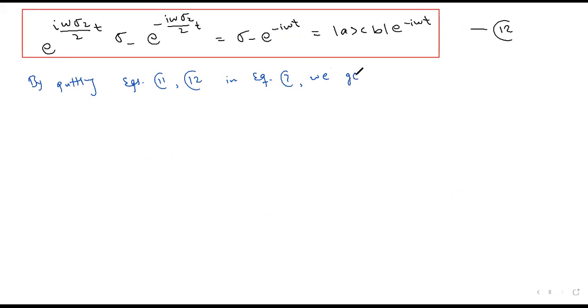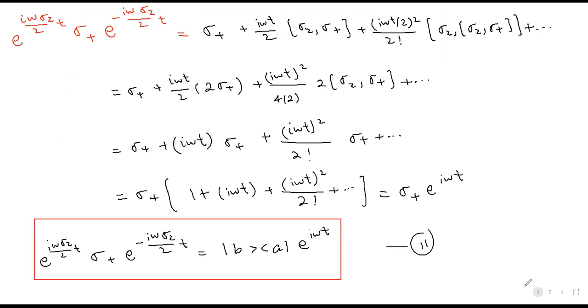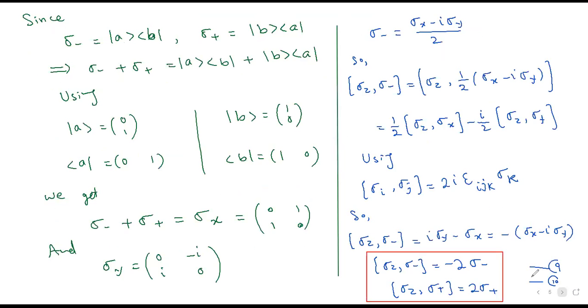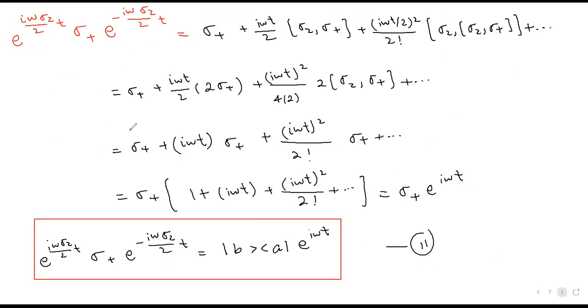We get the first term, that is U H U dagger, minus ħω BA, minus... I'm putting minus here. Should there be a negative sign? So if I'm doing sigma Z and the sigma Z, this should be positive. Okay, fine.